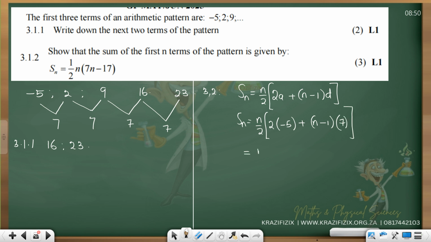Now let's simplify. n over 2 times negative 10 plus 7n minus 7. What are we getting? n over 2, the same as half n, times 7n minus 17. Done. You can see these are level 1 questions.